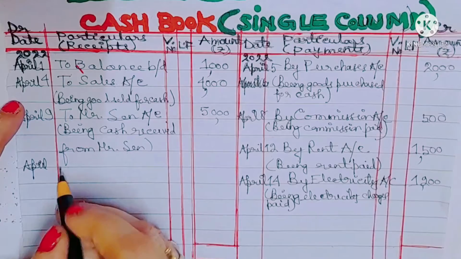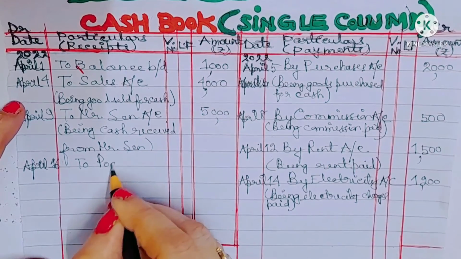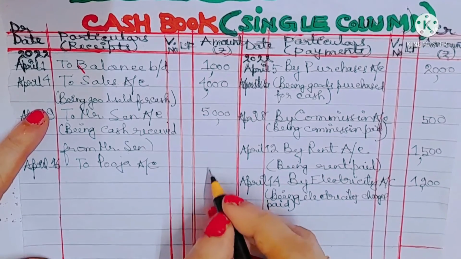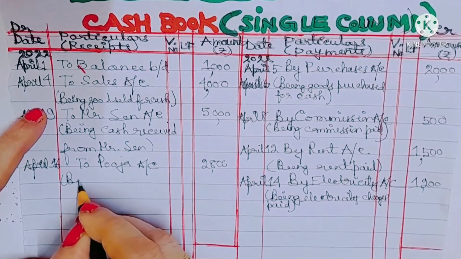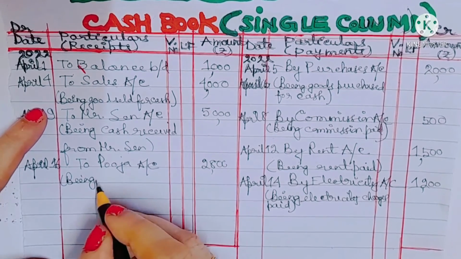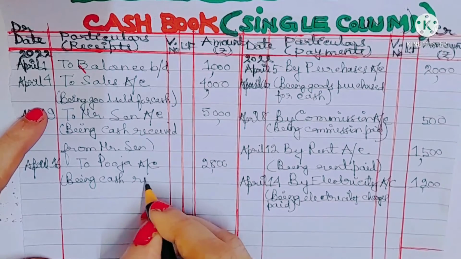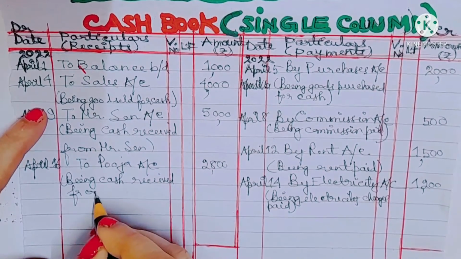So let's write on 16th April to Pooja account. How much? 2800. Let's write the narration. Being cash received from Pooja.